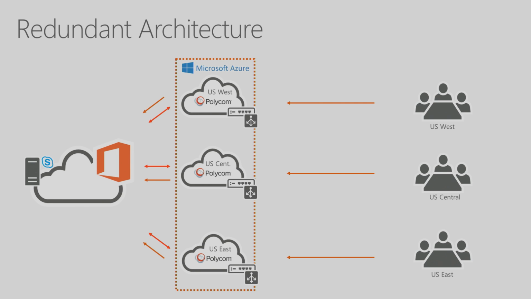Now, what would happen if there was some sort of connectivity issue between your VTC and our Azure instance? For example, if we lost your connection to the Azure data center for whatever reason, we even have resilience across multiple centers.